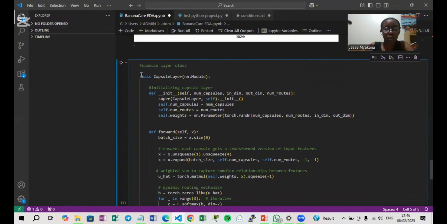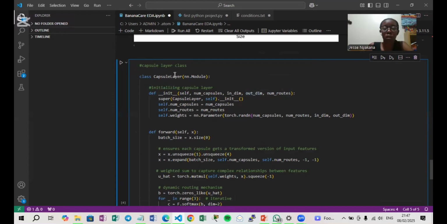First we see that we have a capsule layer class. It's a single class that is responsible for learning high-level representations of disease symptoms such as yellowing, lesions, and streaks on the leaf.